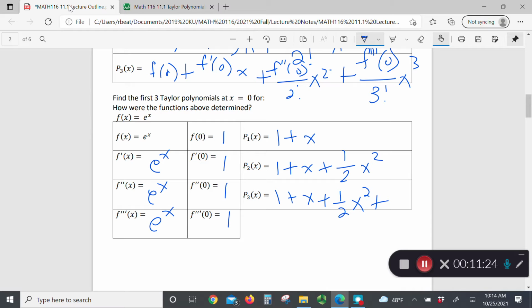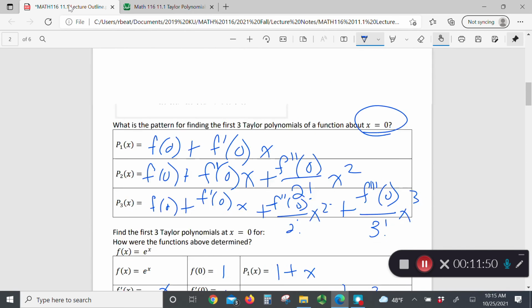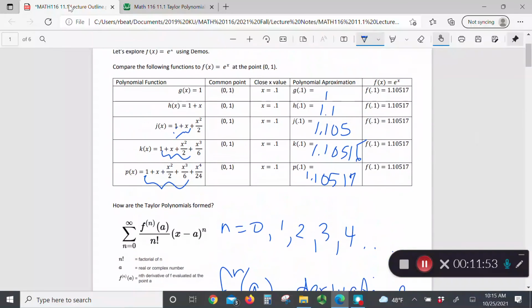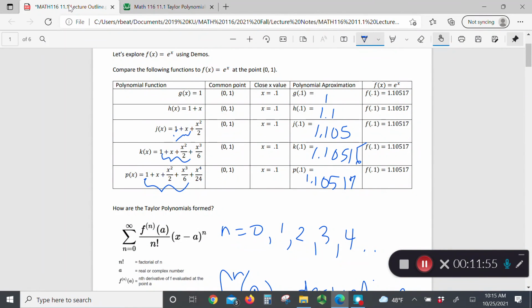And that term is the value of the third derivative evaluated where we're going to look. This is called a neighborhood close to x equals 0, divided by 3 factorial. Well, 3 factorial would be 3 times 2 times 1, and so that's 6 x to the third. So let's go back up and compare. And sure enough, those are the polynomials I was using.